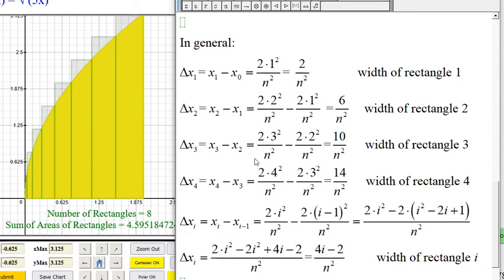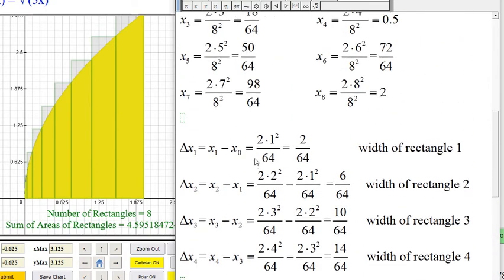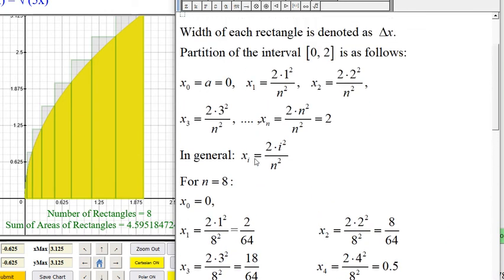x sub i, as we saw up here, since x of 0, x of 1, 2, 3, all the way to x of n is defined like this, in general x sub i will be 2 times i squared over n squared, if we're using this pattern. So this is one way of defining x of 0, x of 1.